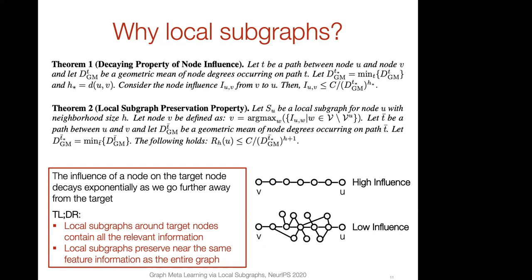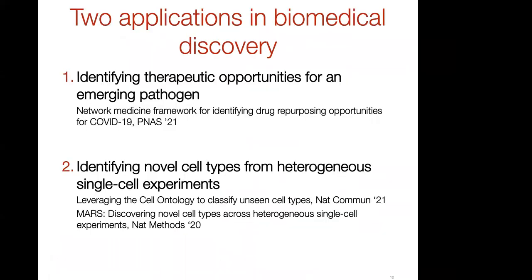And so what that means is that it's possible to show that if we focus our models on effective exploration of local subgraphs around those target nodes that we want to make a prediction for, we can capture all the relevant information. So this idea of local subgraphs is then useful not only because it enables broader generalization, but it also can capture nearly the same feature information as if modeling the entire graph, which makes the approach very, very scalable.